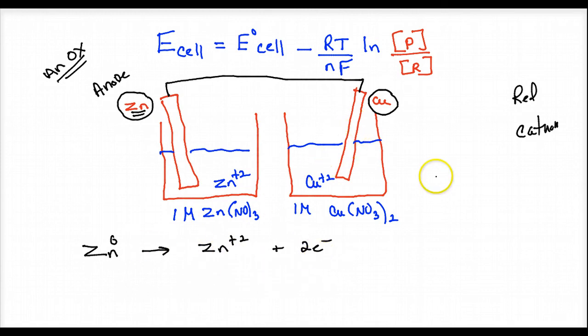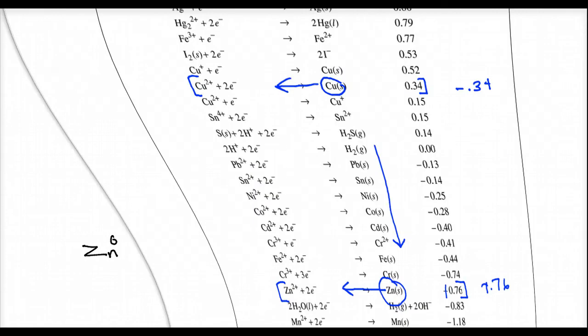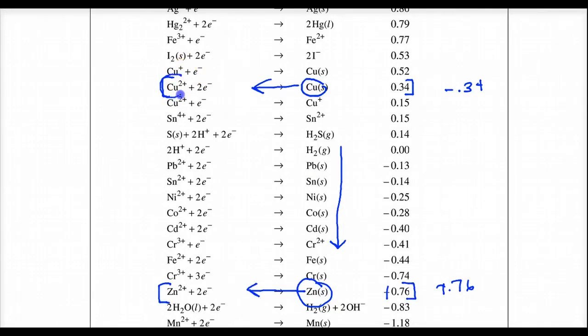Then what happens over here? Well, copper doesn't like to oxidize, but as we can see in our table, copper plus 2 likes to go in the reverse, right? It's positive 0.34. Copper plus 2 loves to go this way. Why? Because it's positive volts. It's spontaneous. So copper plus 2 becomes pure copper.